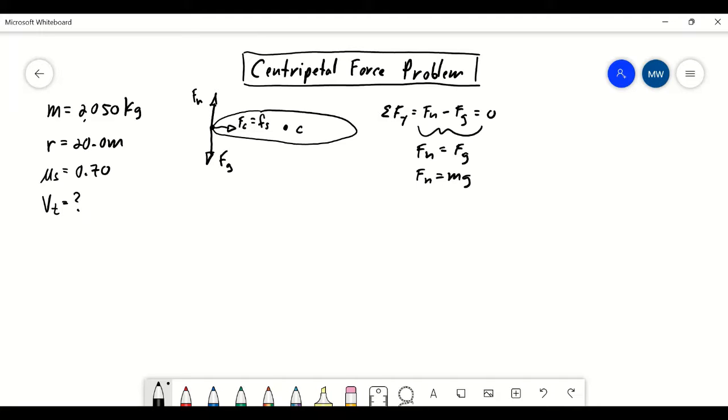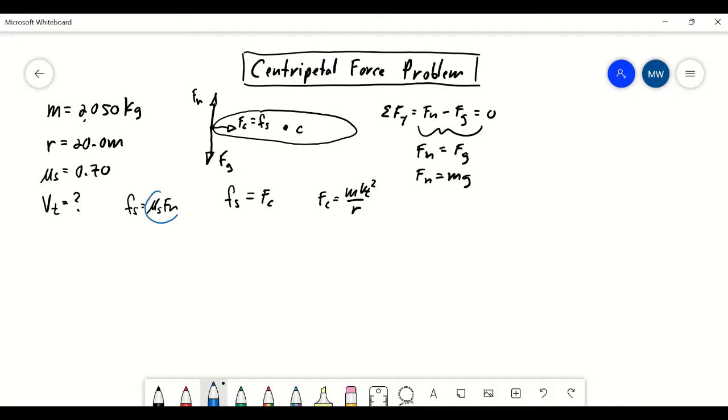If we go back to our circular motion part over here, we know that static friction is acting as our centripetal force. So we can use any equation that we have for static friction and for centripetal force and set them equal. So our equation for static friction is mu s times Fn, and because we're looking for our tangential speed over here, I'm going to pick the equation for centripetal force, Fc equals m vt squared over r, the one that has our tangential speed in it.